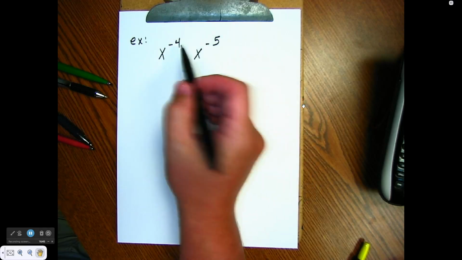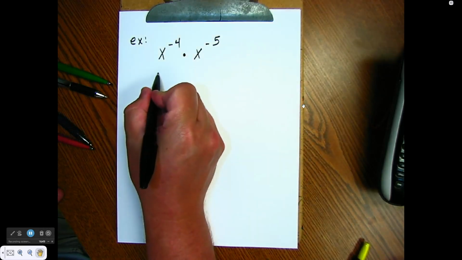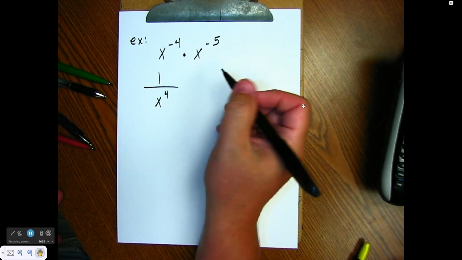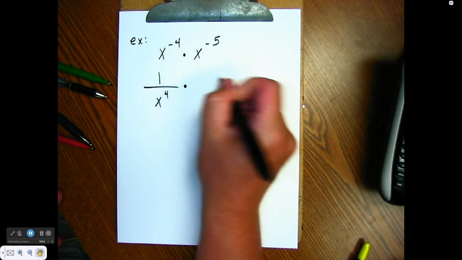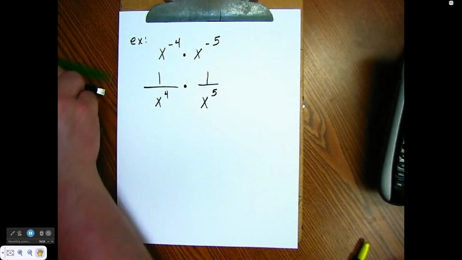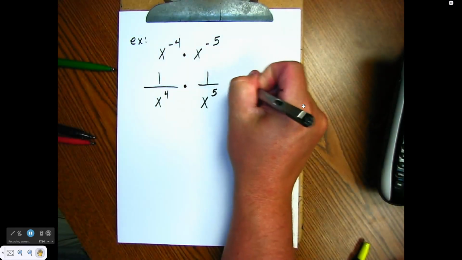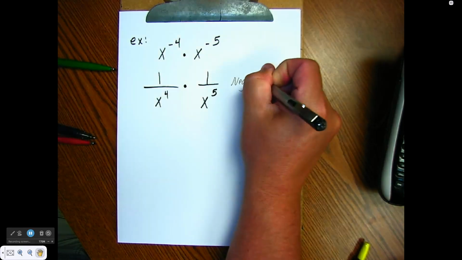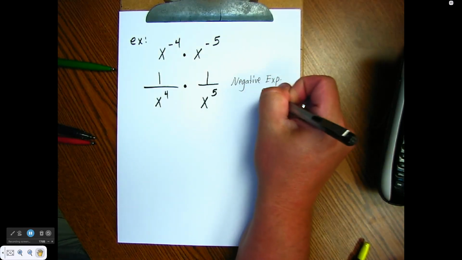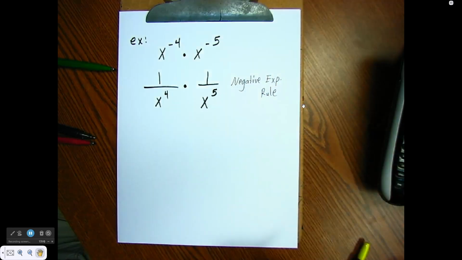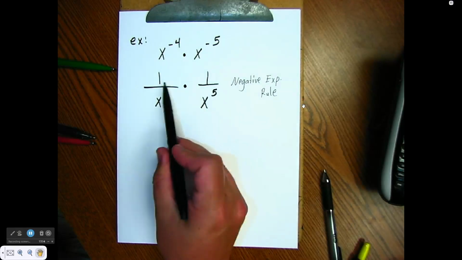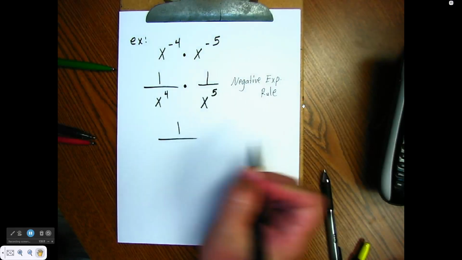If you want to deal with the negative exponents first, it would look like this. 1 over x to the positive 4, cross the line, change the sign, times 1 over x to the positive 5. I use the negative exponent rule first. Next, I'm multiplying on top. 1 times 1 is going to give me 1.